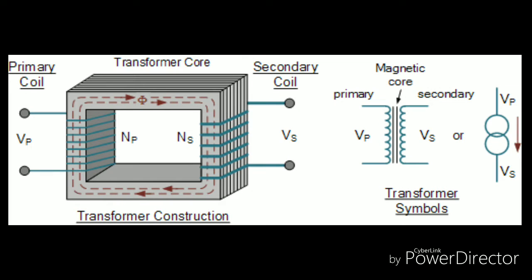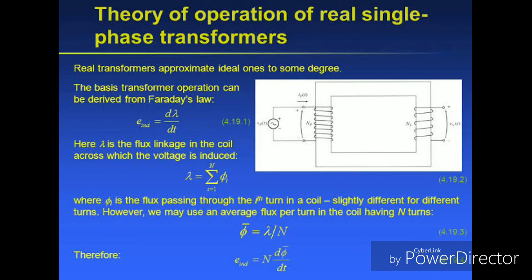You see that there is a primary winding, this is a secondary winding, and there are E1, E2, V1, V2, I1 and I2, and some windings. Now I am trying to explain those things. So now the main question is the working principle of a transformer.